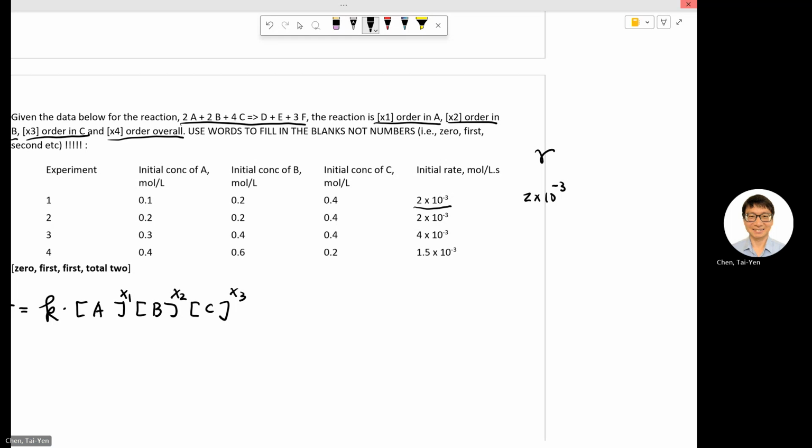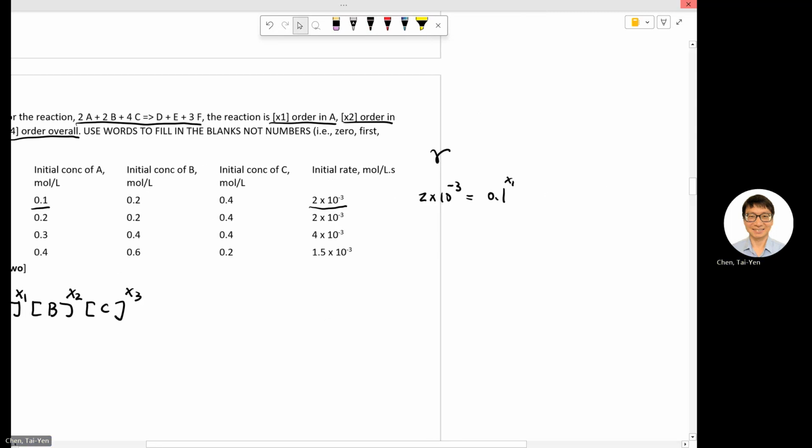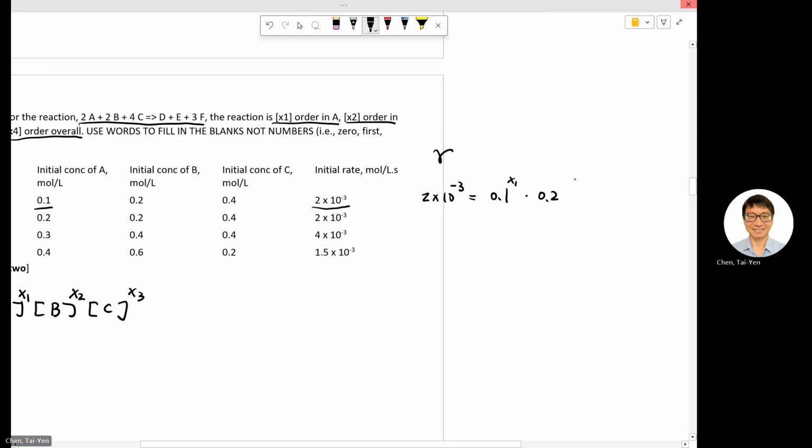It equals A, which is 0.1 to the x1 power, B is 0.2 to the x2 power, times 0.4 to the x3 power. I want everybody to be able to write this equation now. Make sure you can write these things out.